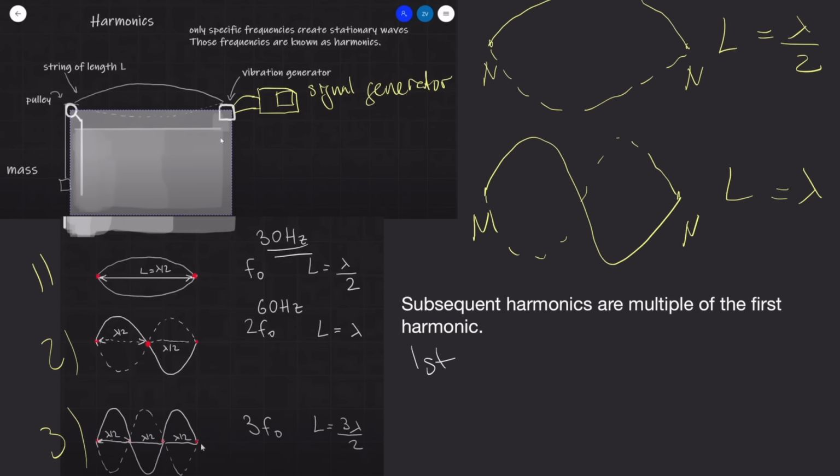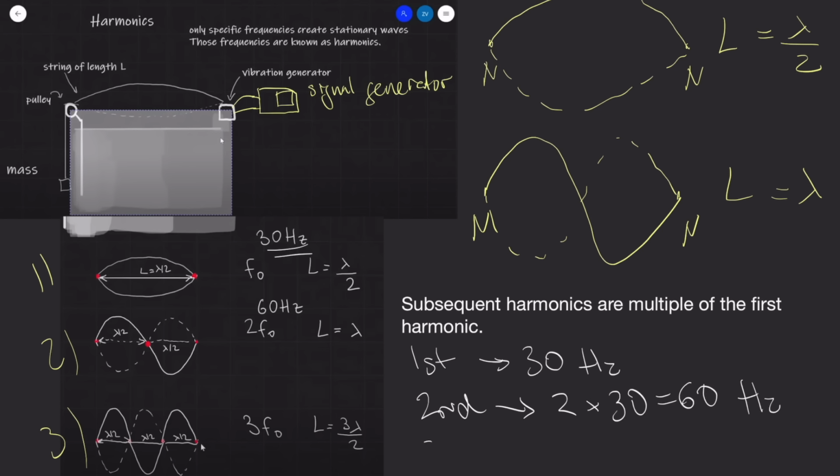So if the first is 30 Hertz, then the second will be found at 2 times 30, which is equal to 60 Hertz. The third harmonic will be found at 3 times 30, which will be at 90 Hertz, and so on and so forth. And this is very often a very nice, easy shortcut to solve a question.